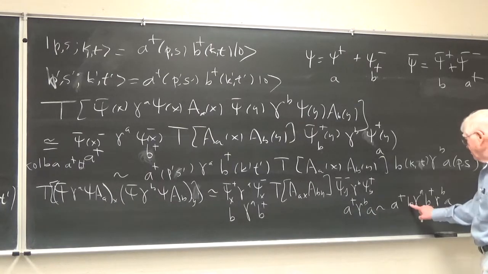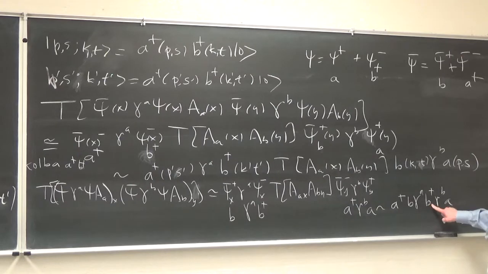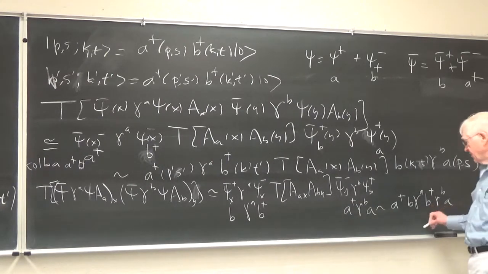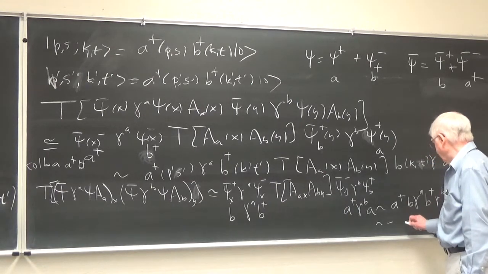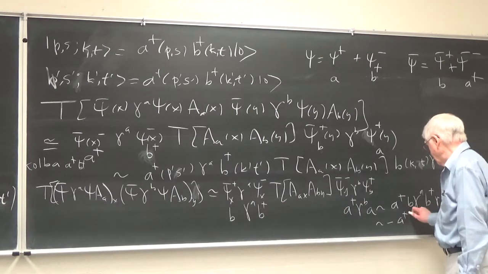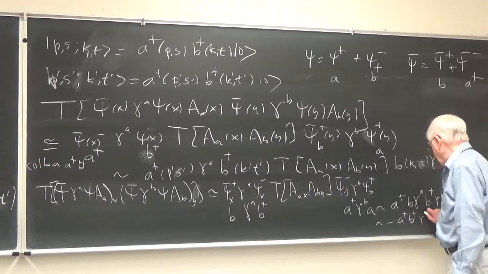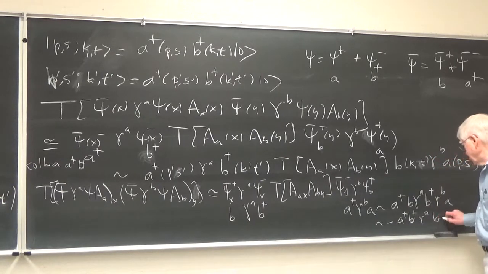But then when we move the B across, we only cross one fermion operator there, and so this is minus A dagger, B dagger, γ^A, B, γ^B, A.